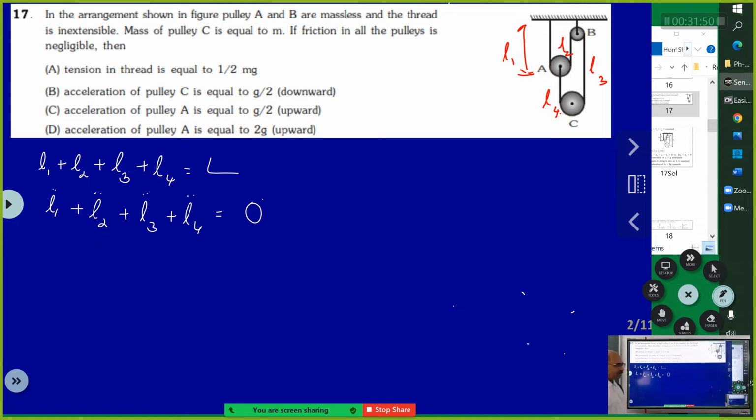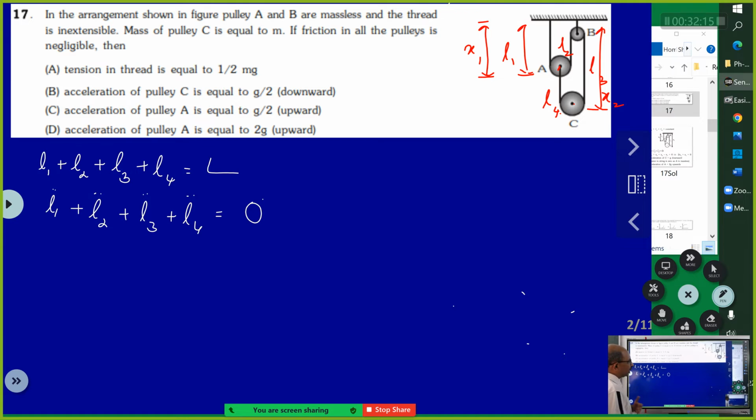That is the second step you have done. Now, what else have you learned in the theory? This one can move, this one can move. Therefore, you will take this distance as x1 and this distance as x2. Correct? L1 plus L4.